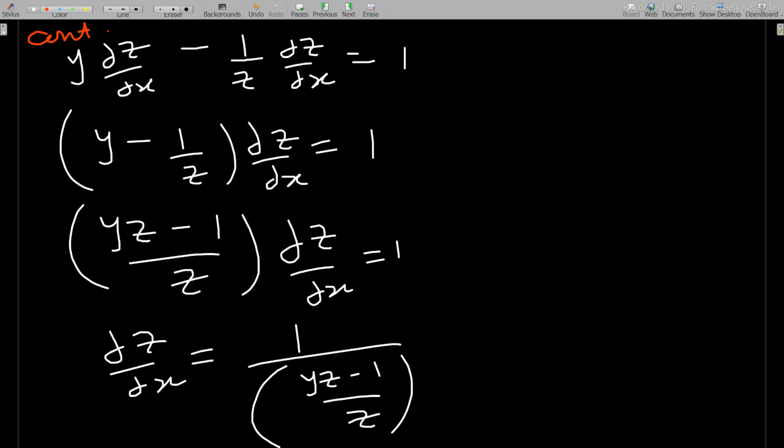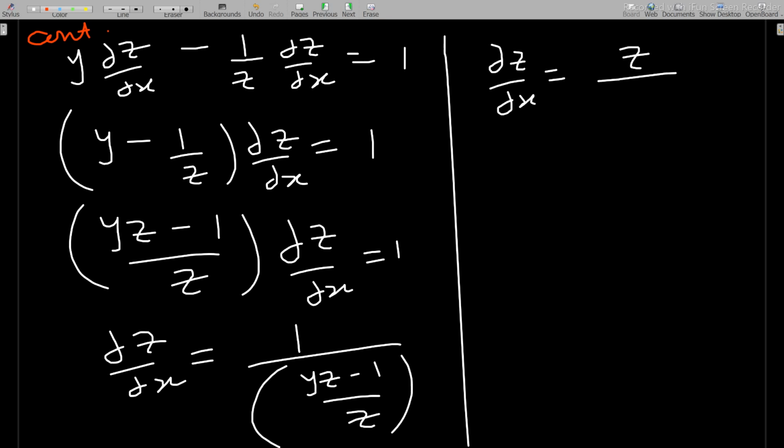Simplifying the fraction nicely, del z del x should be equal to z over yz minus 1. This is very simple. So using implicit differentiation, this is what we've gotten for del z del x.